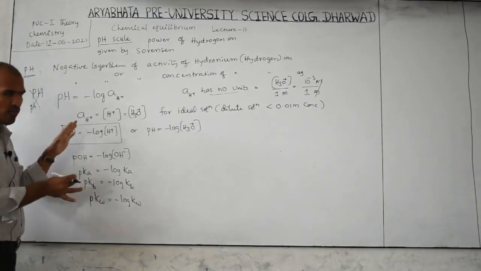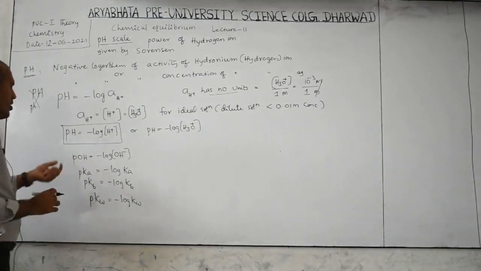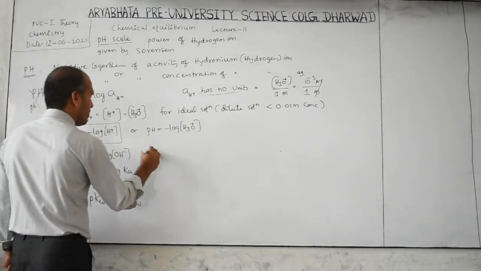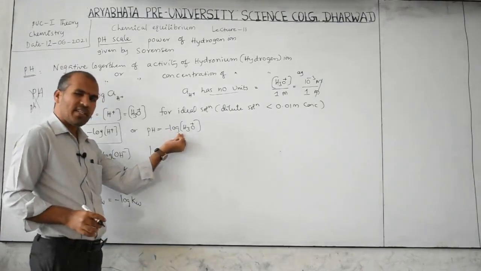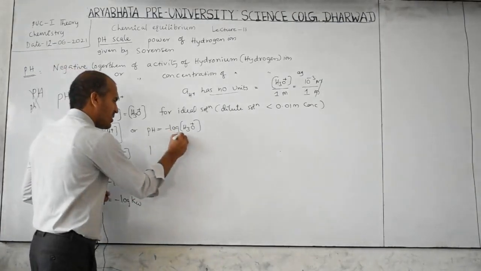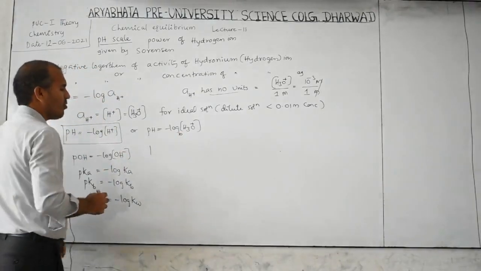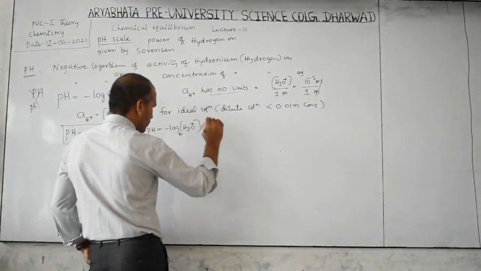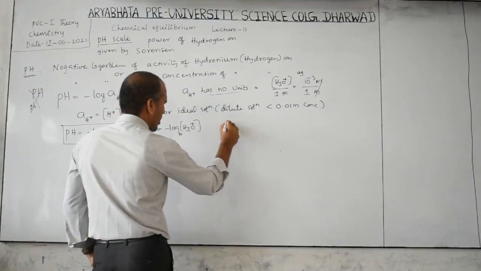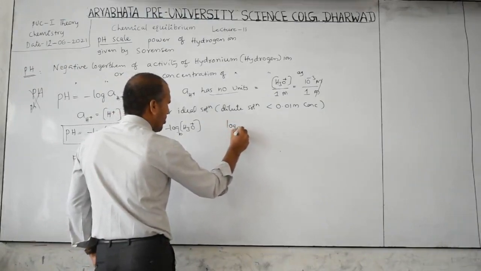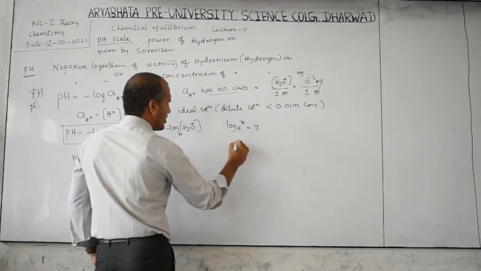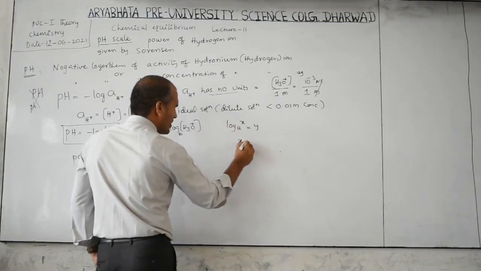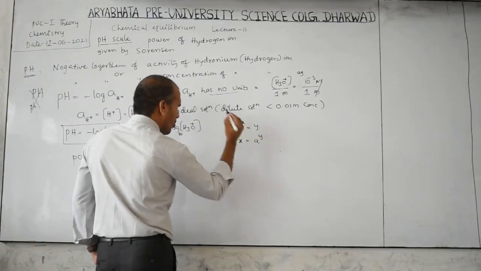So all these formulas are very important. Now we can write pH is equal to negative log, where nothing is represented for the base; this is base 10 form. Already I told you the formula: if log base a of x is equal to y, then this can be represented as x is equal to a power y.